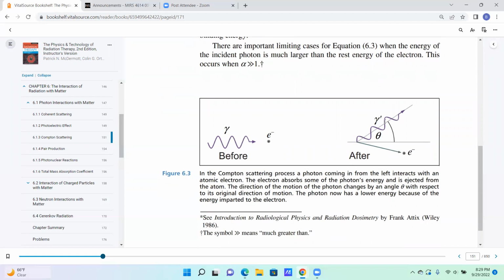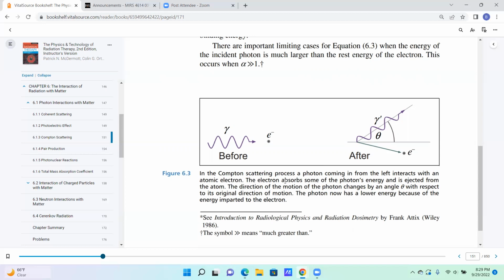When that happens, you get a different photon coming out here, pointed in this direction, and it's going to have less energy than the incoming photon. In order for it to deviate off of a linear path, momentum has to be conserved. And the only way you do that is if the electron goes off in such a way that momentum is conserved. So it'll be at a different angle here, and that's the reason why.